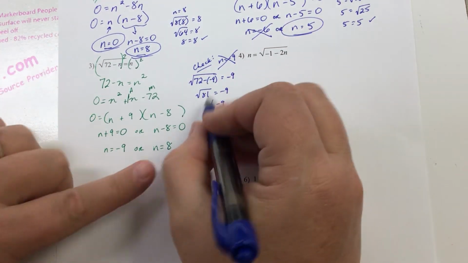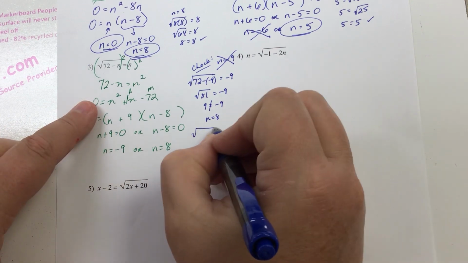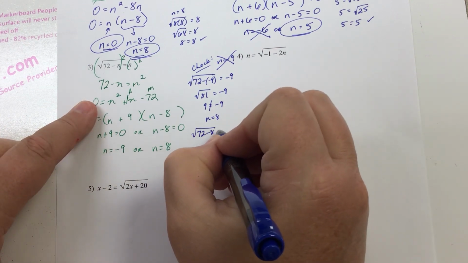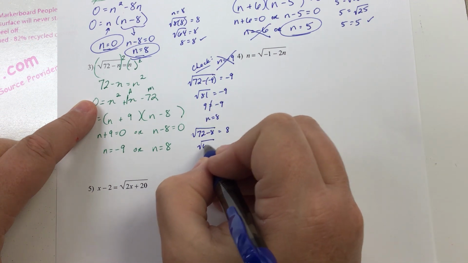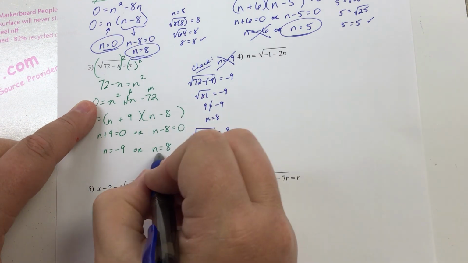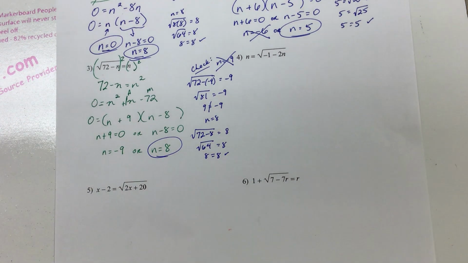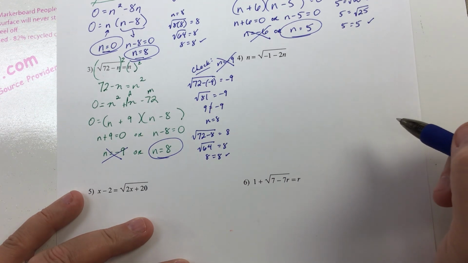If I check positive 8, I'm going to have the square root of 72 minus 8. Does that equal 8? That's going to be the square root of 64, and the square root of 64 is 8. So n equals 8 does work. Again, the negative 9 does not. That is what we call an extraneous solution.